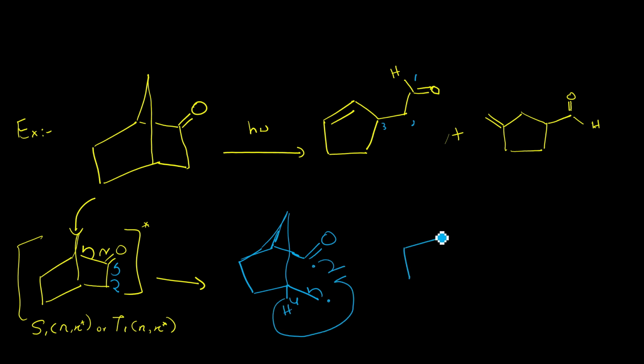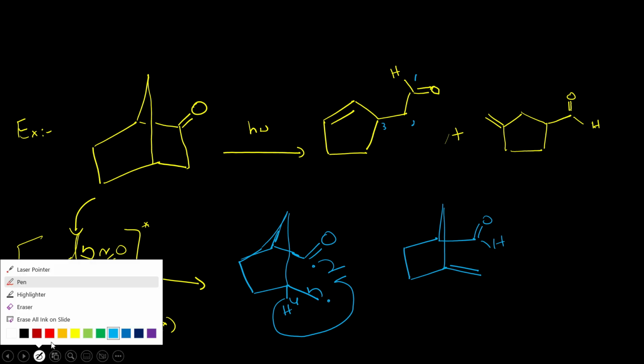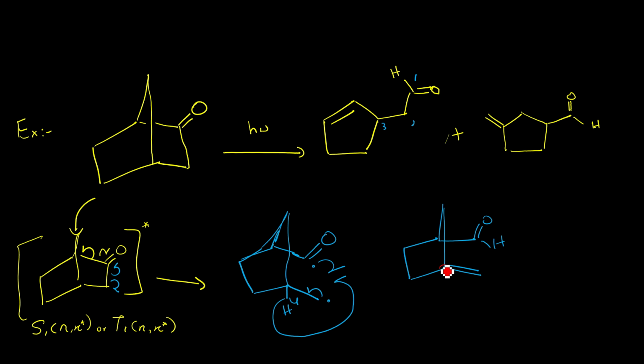Here we have the structure. Now there is a double bond here, and we have the hydrogen structure here, same like here, right? If you grab this carbon and pull it out to this position, you will get the same structure.